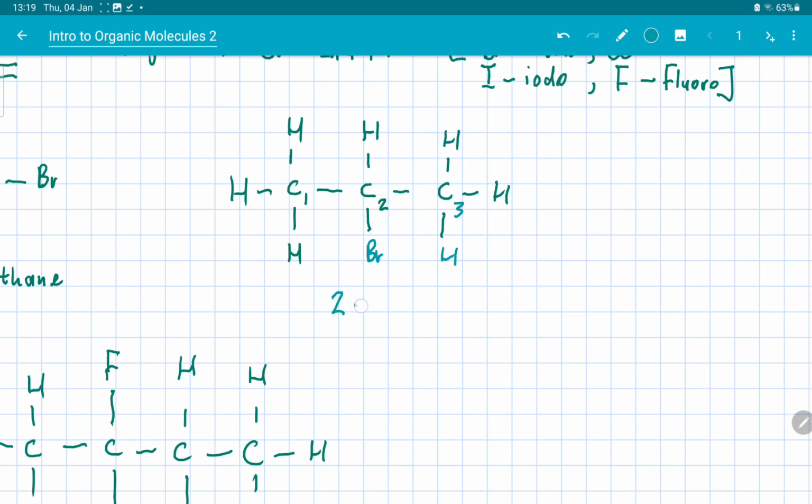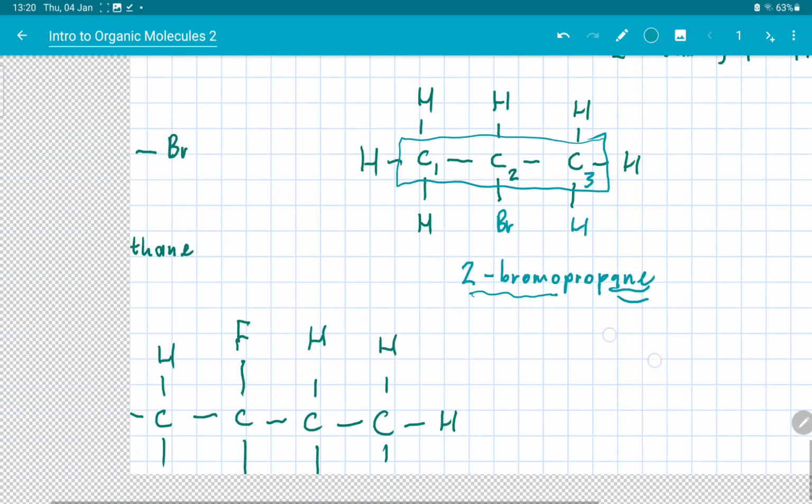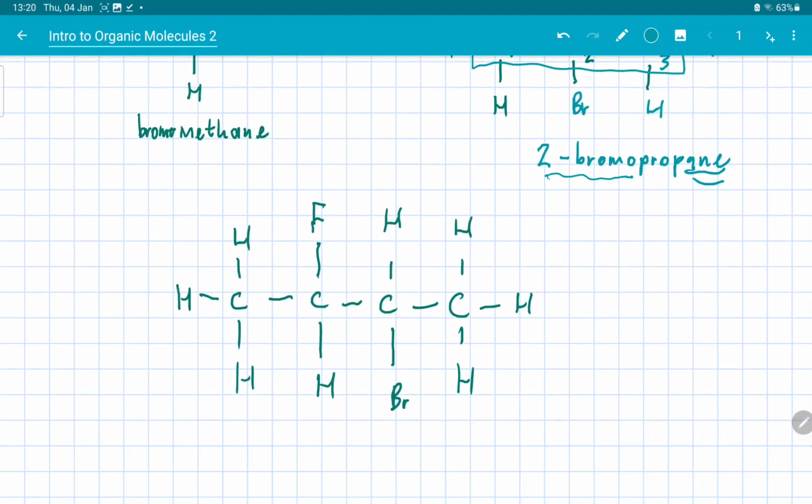So this is going to be 2-bromo. And then we look at the parent chain, the main continuous chain. The main continuous chain contains how many carbons? 3. 3 is prop. So it's about 2-bromopropane because it's a haloalkane. 2-bromopropane, people.